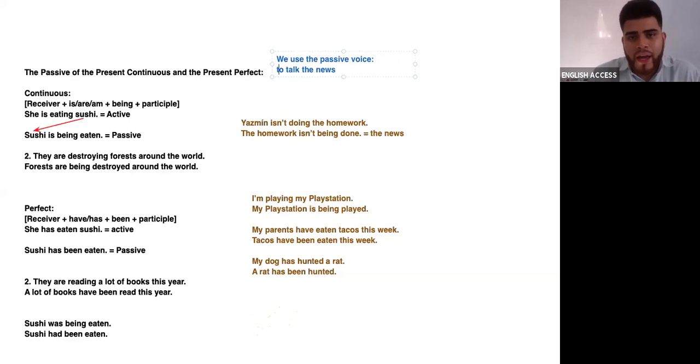And we also use the passive voice to sound more formal. A lot of people, when they speak, sound very normal. But if you want to sound formal, better, more elegant, use the passive voice. But of course, you're not going to speak formally to everybody.